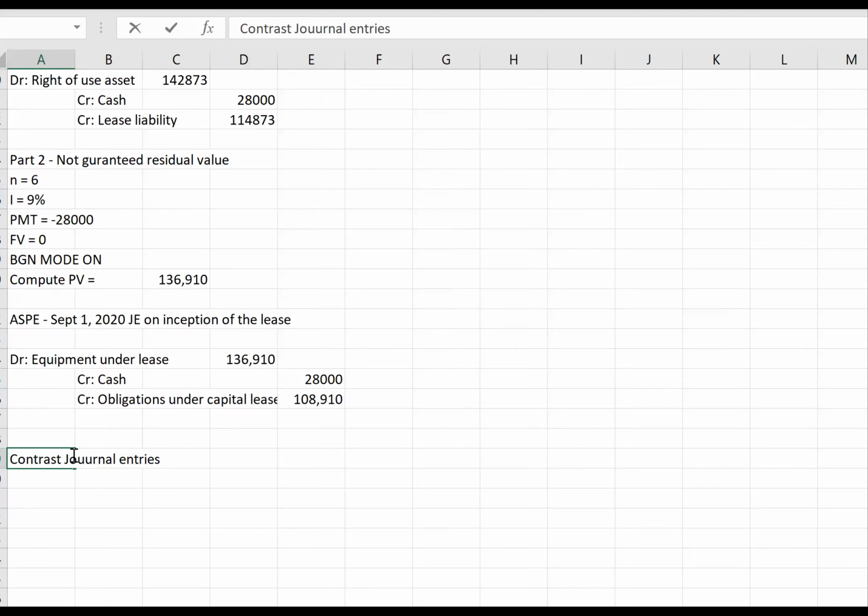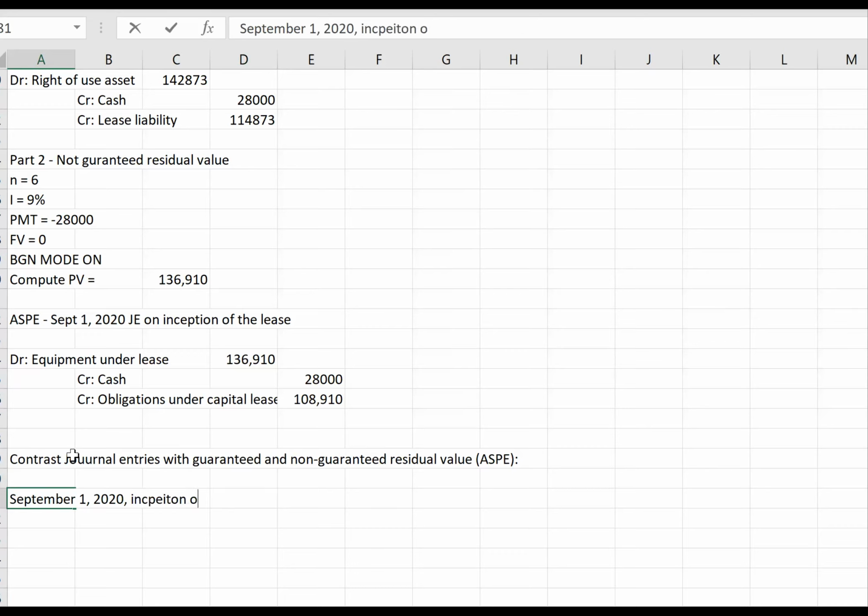Journal entries with guaranteed and non-guaranteed residual. And again, let's just contrast ASPE because most of what we've done is ASPE here. So if we have September 1st, 2020, inception of the lease, start of the lease, whatever you want to call it.